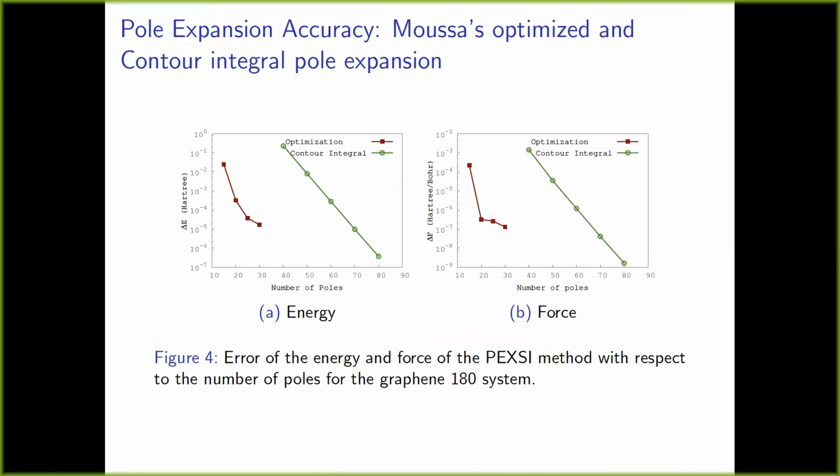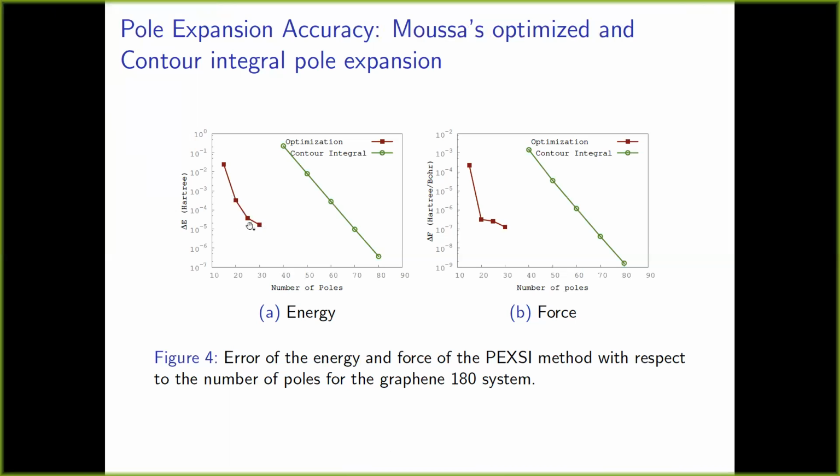So first, we would like to examine the pole expansion accuracy with Moussa's optimized pole expansion and the contour integral pole expansion. For the contour integral pole expansion, we can see that it achieves very good numerical results, with delta E being 10 to the minus 7 and delta F being 10 to the minus 9. However, for Moussa's expansion, we can achieve moderately good numerical results.